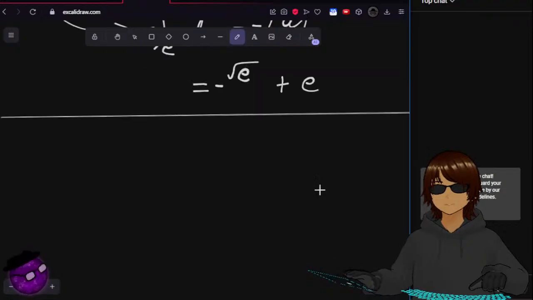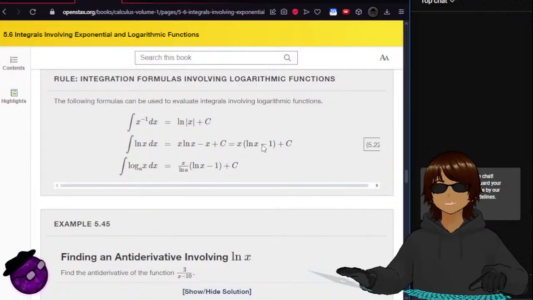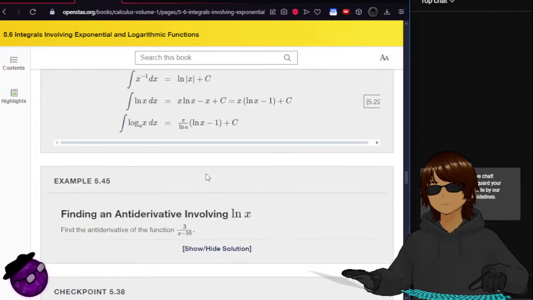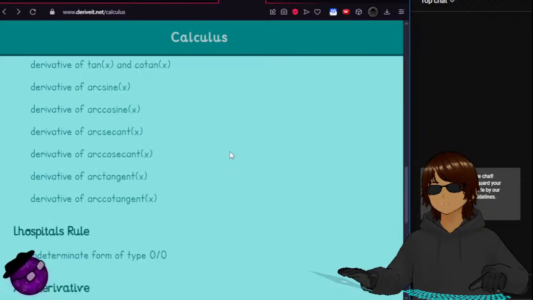Let's see. But I don't really need to derive this. I can just differentiate this and get ln of x. But I need a satisfying proof.